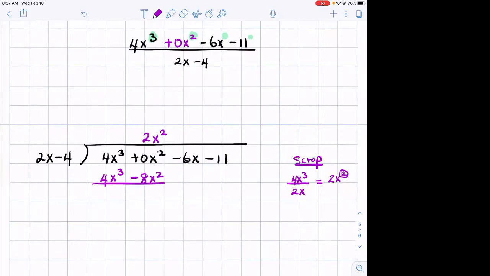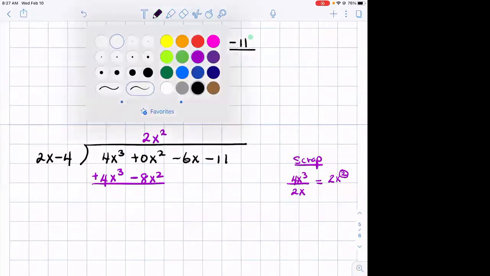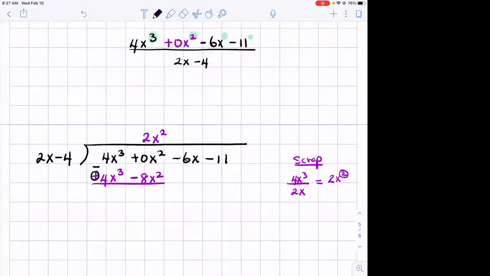And don't forget, we have to change the sign. So this plus changes to a minus, and this minus changes to a plus. So 0x squared plus 8x squared becomes 8x squared. Plus 4x cubed minus 4x cubed, these two terms will cancel.